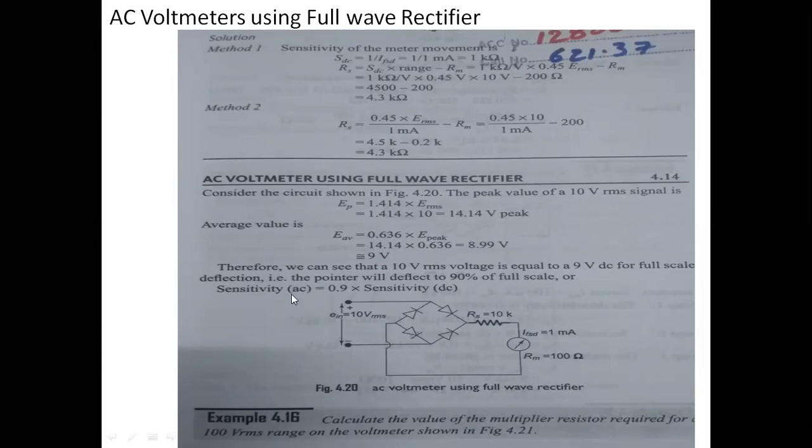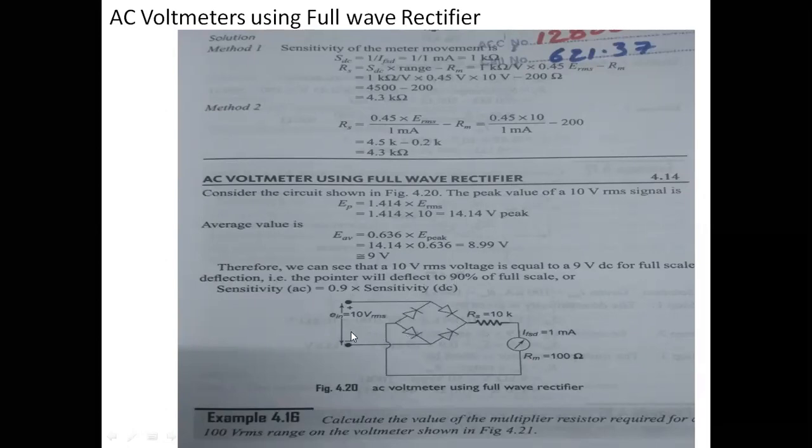The sensitivity of AC using a bridge rectifier is 0.9 into the sensitivity of DC.